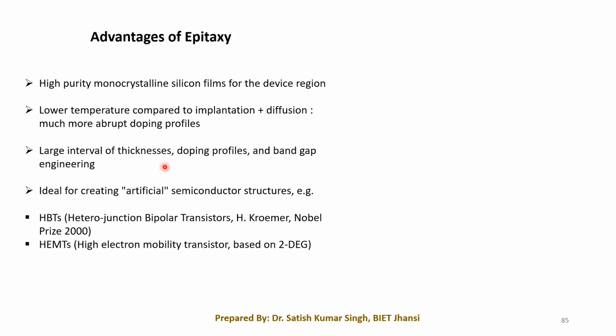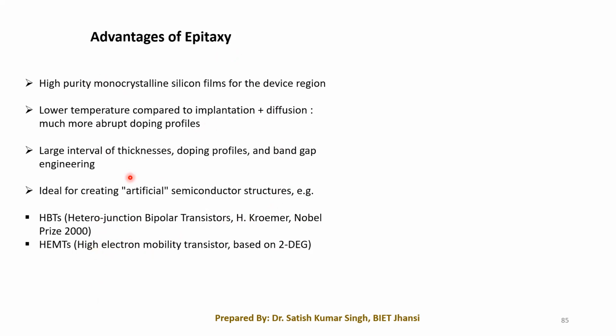Artificial semiconductor structures have been created, and they have won the Nobel Prize, like HBTs, heterojunction bipolar transistors, and the HEMT, high electron mobility transistors, which are based on two-dimensional electron gases. Because of this epitaxy method, we are able to get these mobile devices. So these are some advantages.